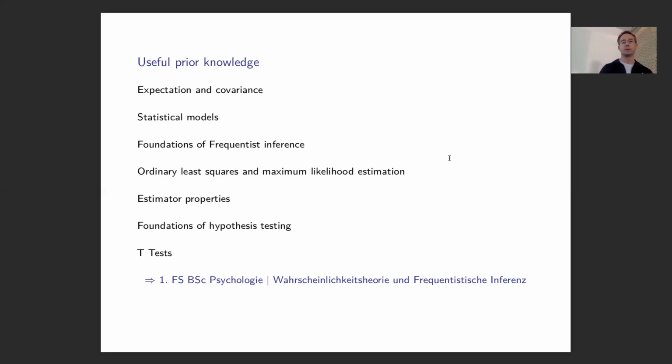They work based on T statistics, and there, of course, it helps to remember what the idea of T statistics and hypothesis testing in general are. We will also introduce them, but we can, again, only do so much. These are things that actually form part of the first term psychology courses here.